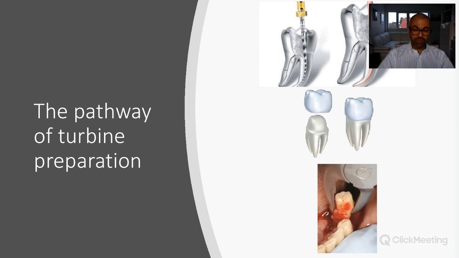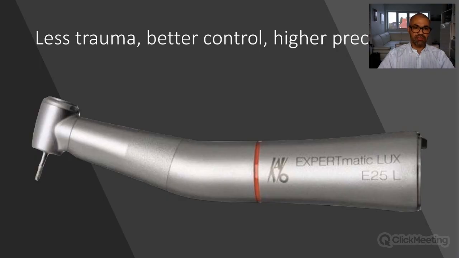So the pathway of a turbine preparation might be, if we take the numbers from Kirschbaum, 5 to 10%: we do the preparation, then we need to treat this tooth with root canal treatment, then a crown needs to be placed, and later we probably have additional problems that cause extraction of the tooth.